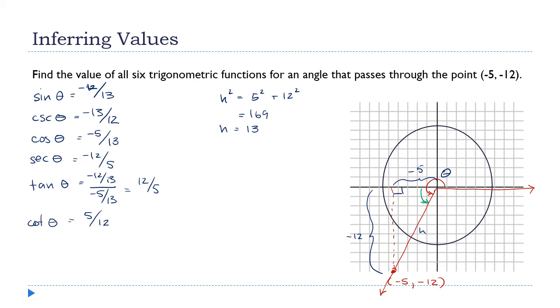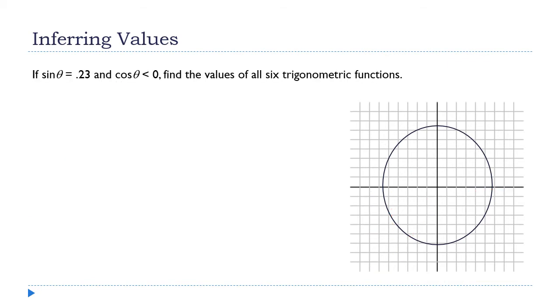Okay, so how about this situation? In this situation, I don't know where the terminal side is like I did with the last one. All I know is the sine of this angle. I'm trying to find the other 5 values.